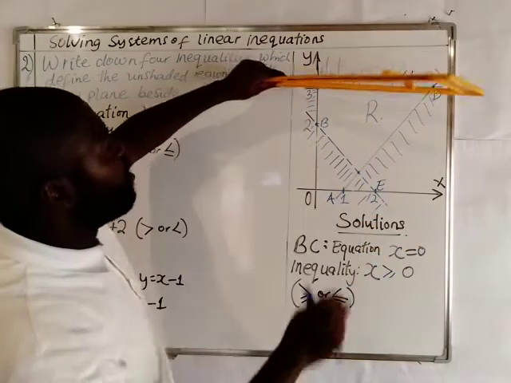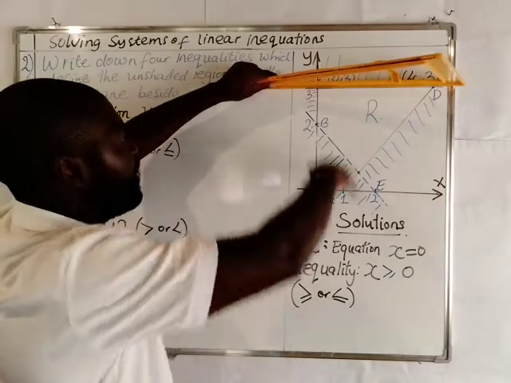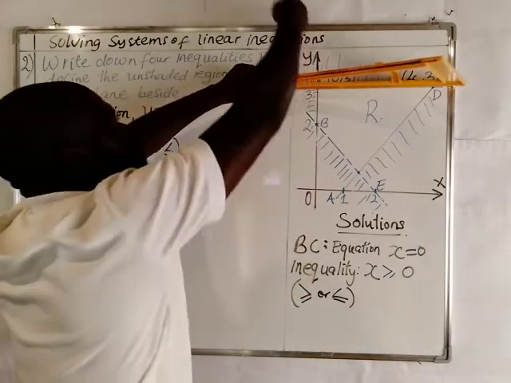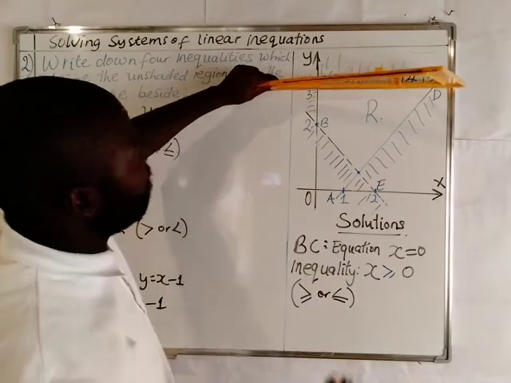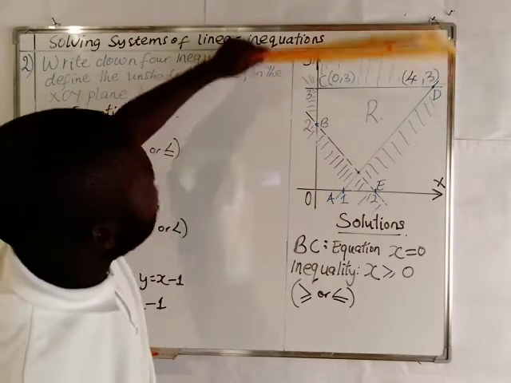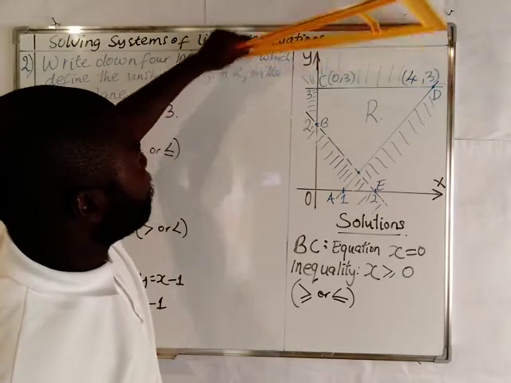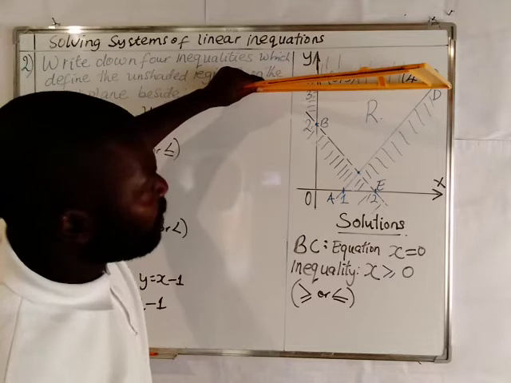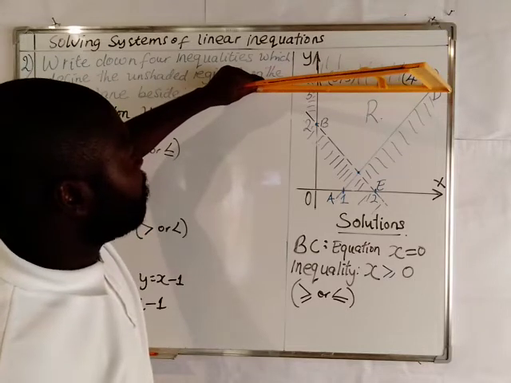Now, our region of interest is down here. When you look at the y values along the y-axis, the ones down here are smaller than the ones up here. Our region of interest is below, where the values of y are smaller.